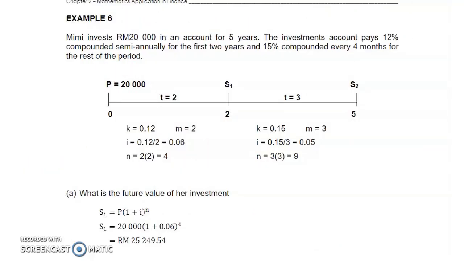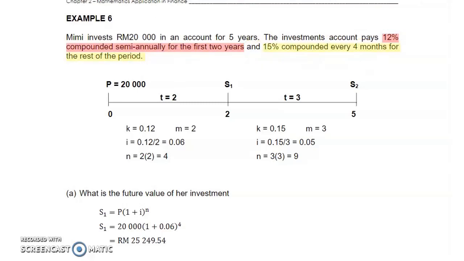Okay, now let's look at example 6. Mimi invests 20,000 in an account for 5 years. So 5 years here is the investment period. The investment account pays 12% compounded semi-annually for the first 2 years, and 15% compounded every 4 months for the rest of the period.